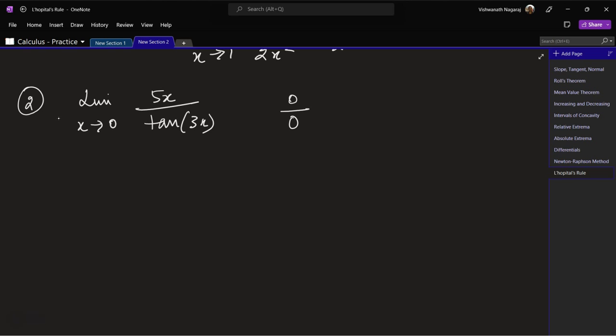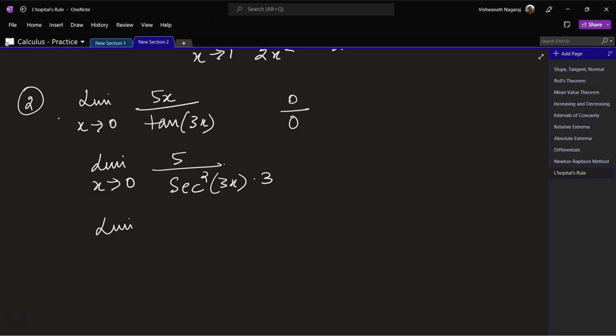Okay. So now we again split this limit as x approaches 0 and we differentiate it. Every time I'm not going to write the limit statement separately. I'll keep doing it here itself. So I'm differentiating 5x to get 5, and by tan 3x, the derivative is sec square 3x times 3.